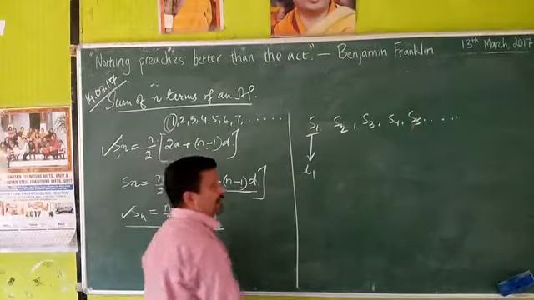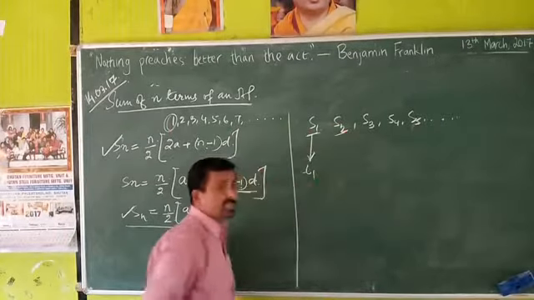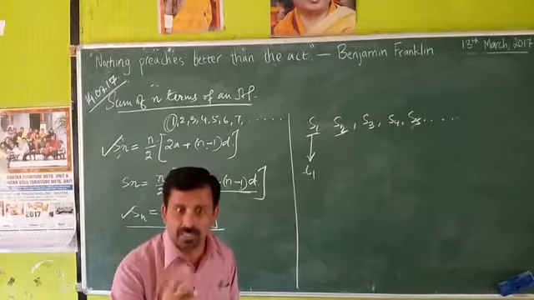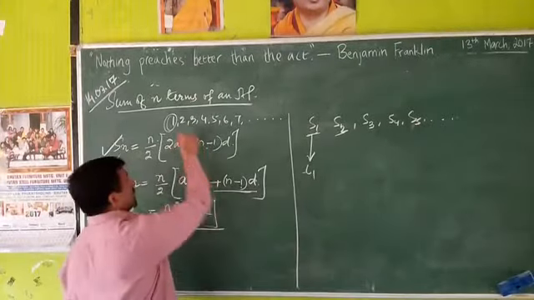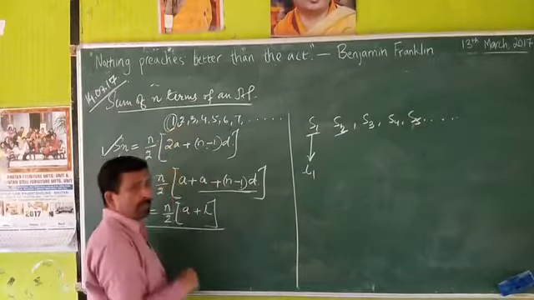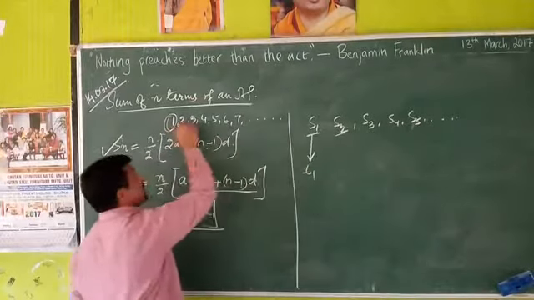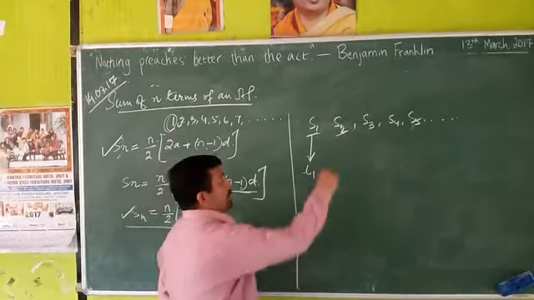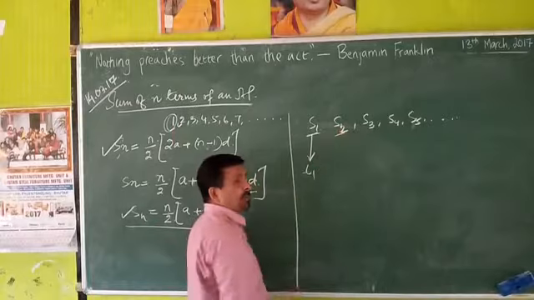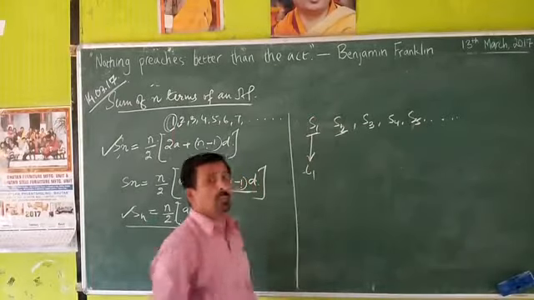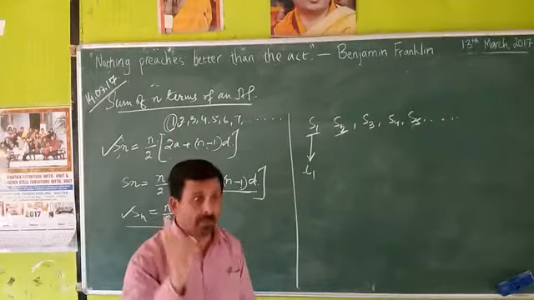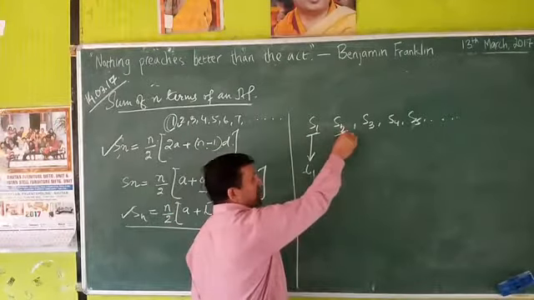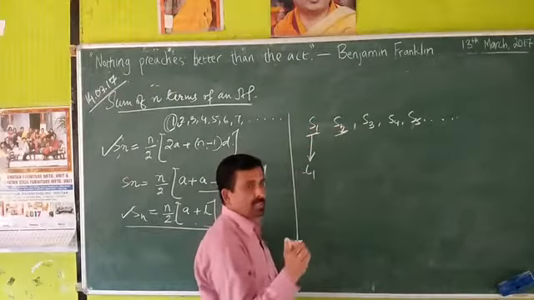Now, if I talk about S2, that is the sum of the first two terms of the series. It means I am talking about the sum of this and then this one. Yes, sir. S2 gives you the sum of this and this. Am I right? Yes, sir. From this S2, if I subtract S1, what happens? S1 is the first term. So from the sum of two terms, if I subtract the first term, what do you get?